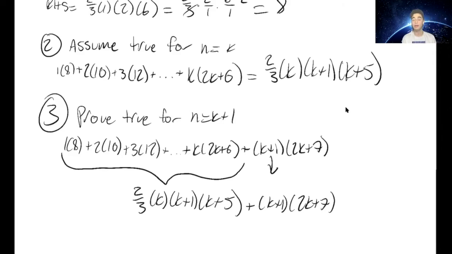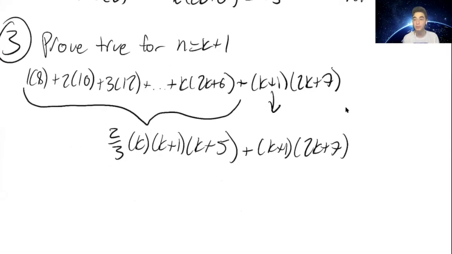Now we can solve this mathematical induction proof. So what we want to do from here is see if we can pull anything out. Well, I see a k plus 1 that's common to both parts of this addition, I don't know, I'm lacking the term. But we could take out a k plus 1, and then what do we have left?